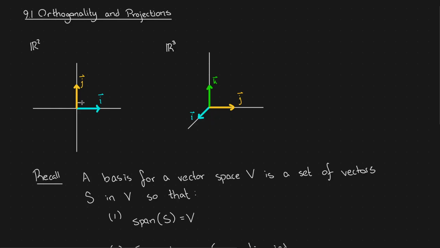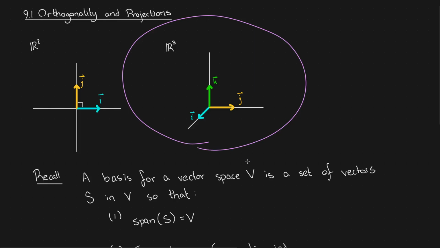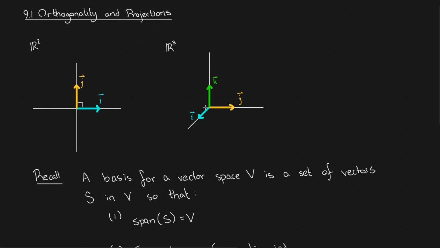In particular, these two vectors are orthogonal to each other. They meet at a right angle. And also, they are unit vectors. They have length 1. The same thing is true for the vectors in R3, the standard basis in R3. i, j, and k are each orthogonal to each other, and they're each unit vectors.